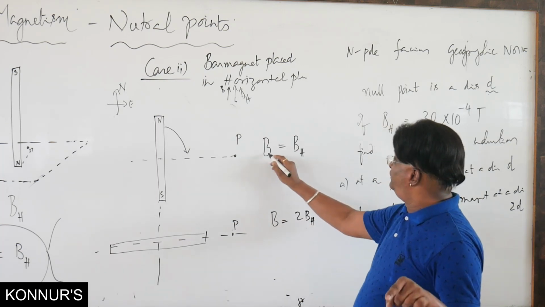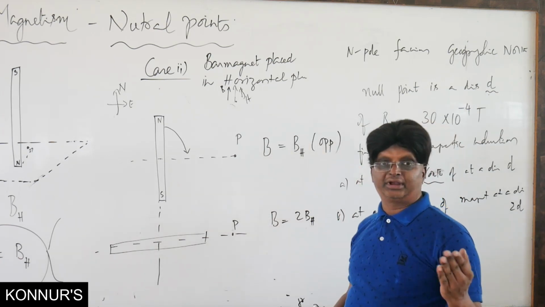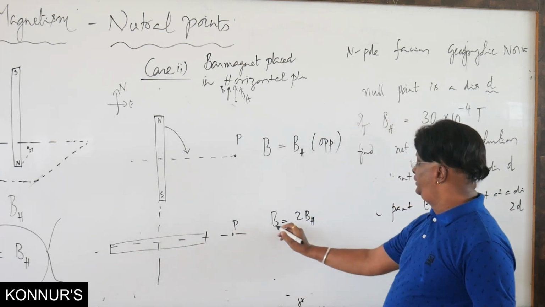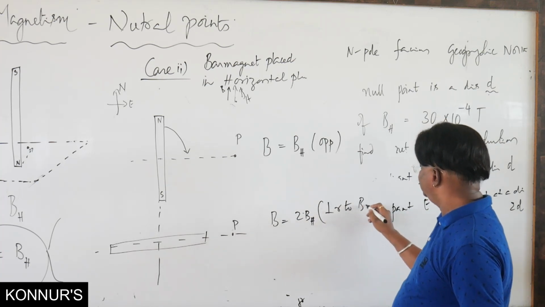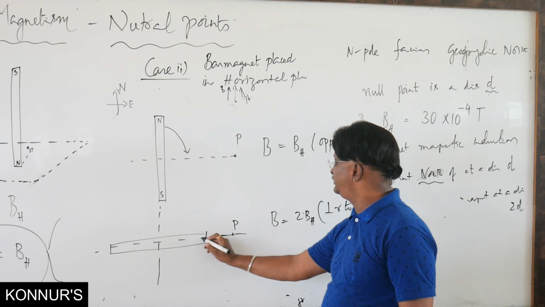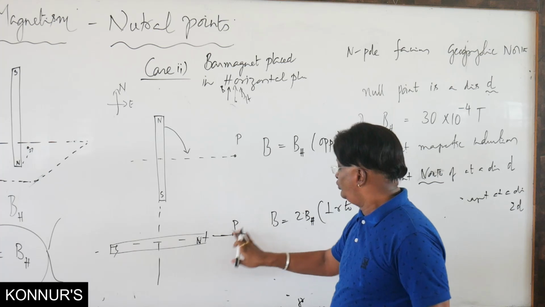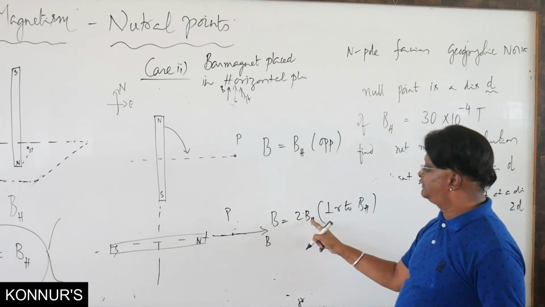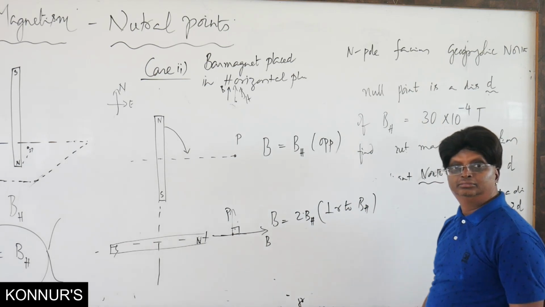And one more thing. Earlier B is equal to BH and it was opposite because of the null point condition. Whereas when it is rotated by 90 degrees, B is equal to 2BH and it will be perpendicular to BH. We always know that BH is from south to north, and this is at right angles.